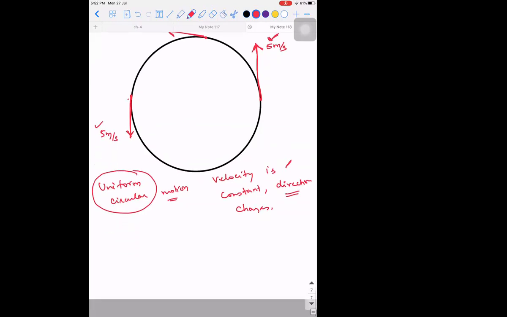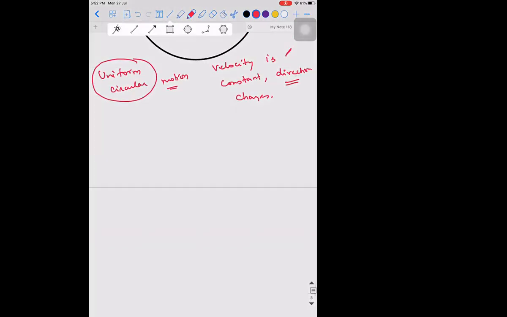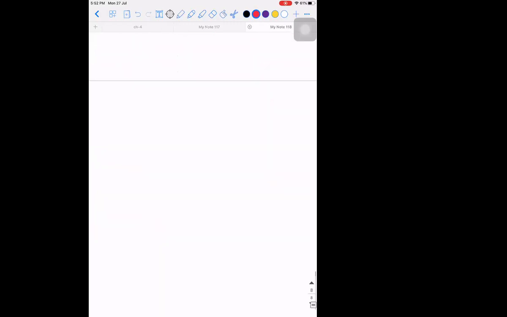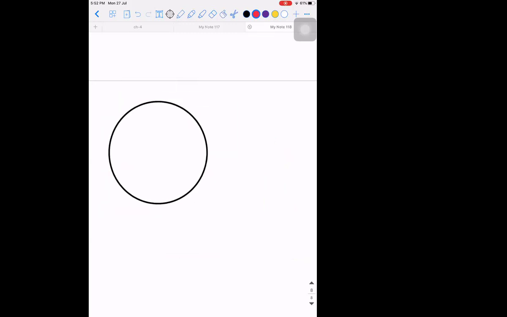Whereas here, 5 meters per second, 2 meters per second, 3 meters per second, 10 meters per second.